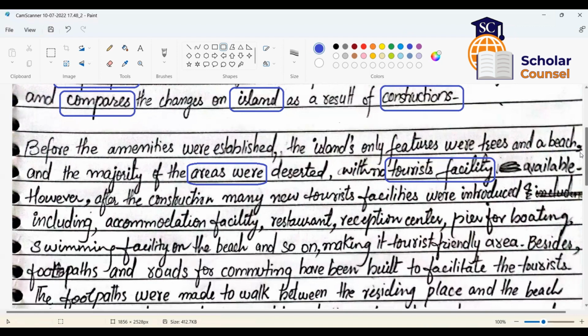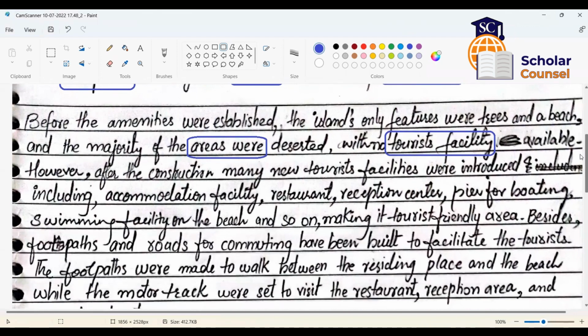Okay, this sentence is okay. However, after the construction, many new tourist facilities, again the same changes will be brought here. Many new tourist facilities. Here you have written facilities correctly, but only this tourists should be tourist.